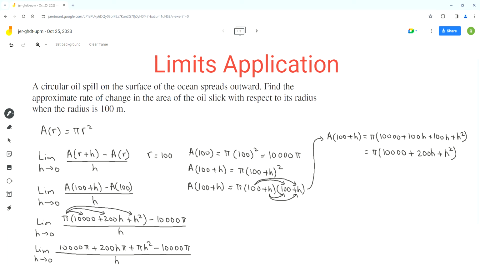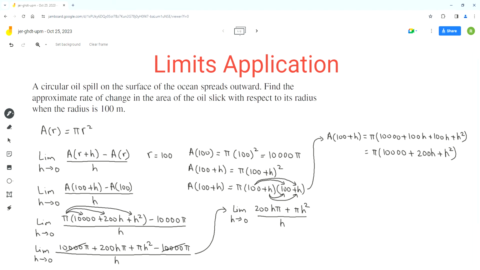Now we can combine like terms, so we can cancel out 10,000π and minus 10,000π. We are left with limit h approaches 0 of (200hπ + πh²) over h.